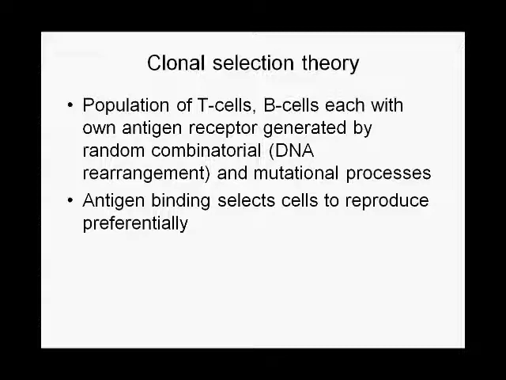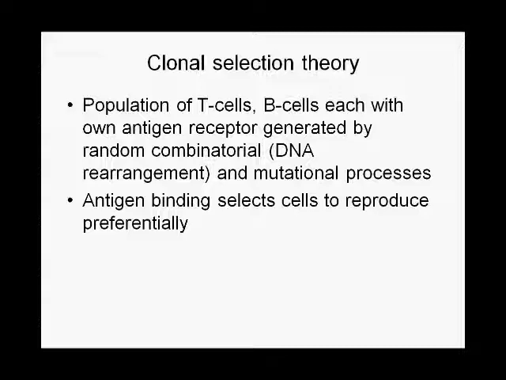What happens then is that each developing B and T cell in the process of differentiation undergoes DNA rearrangement independently and at random. So at birth, the body contains already a large population of T cells and B cells, and each cell has its own antigen receptor, generated by this random combinatorial rearrangement with additional mutational processes that occur in this random joining.